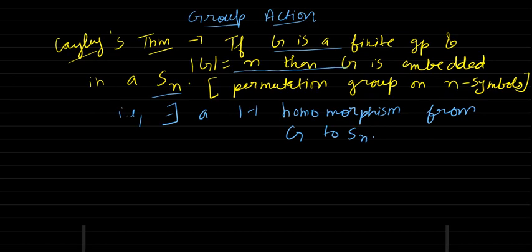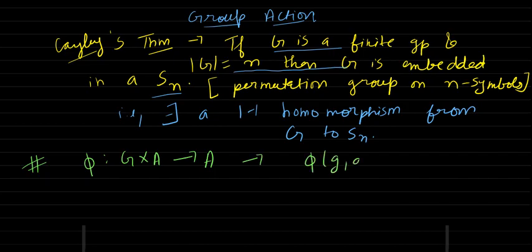Before proving Cayley's theorem, we have to understand a small observation. We all know that we have a group action phi from G cross A to A. This acts on the element (g, a) and sends it to an element of A again.